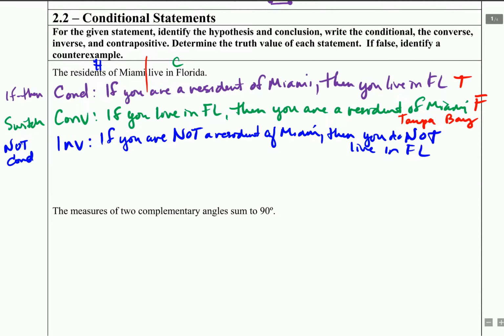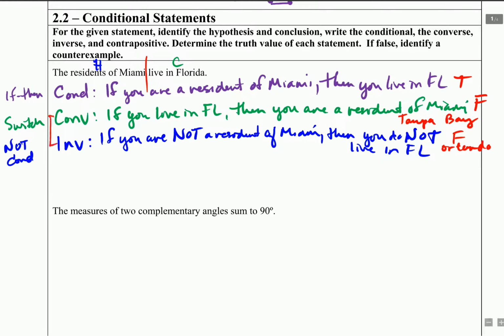Is that true or false? We are not living in Miami, so we're not in Florida. Well, we expect that one to be false for the same reason above. Tampa Bay, Orlando, Pensacola, all of those good places.